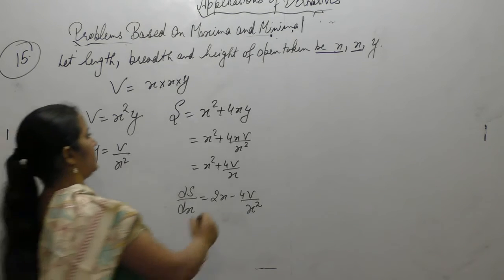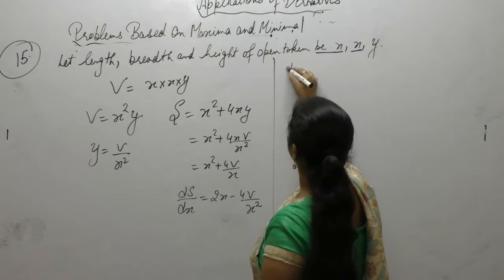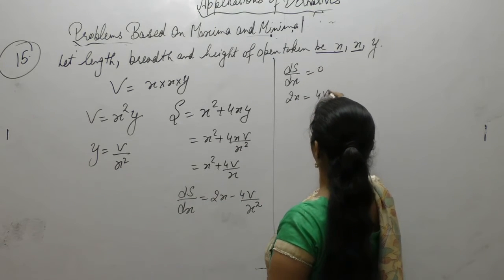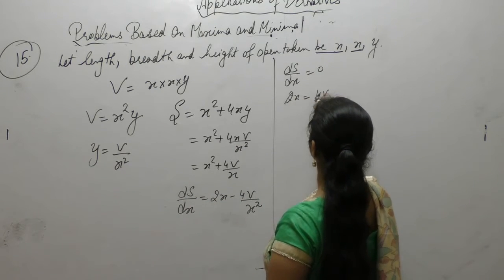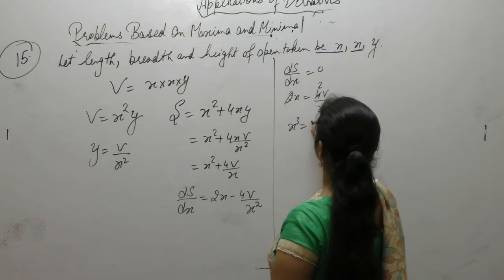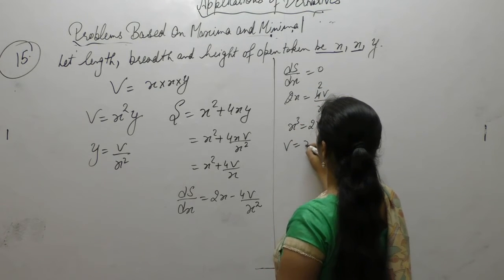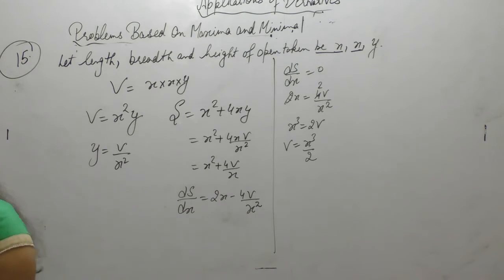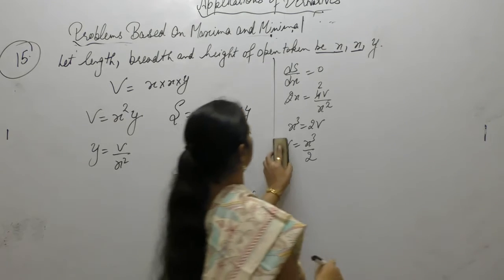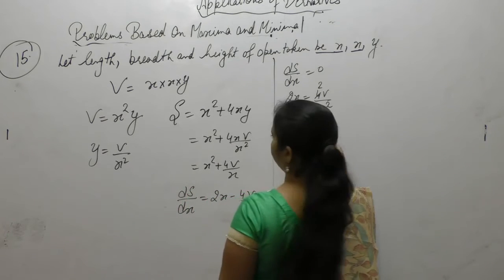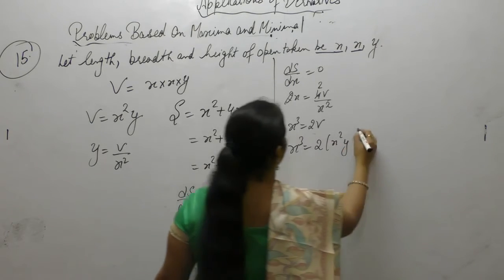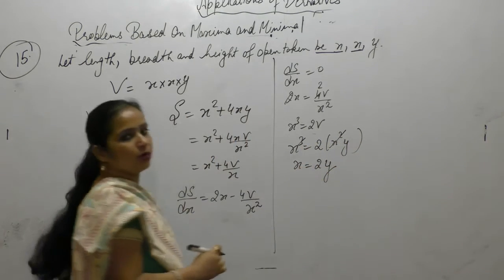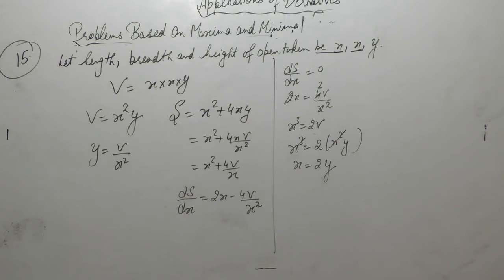Now put the first derivative equal to 0. 2x equals 4V upon x square. x cube is equal to 2V. Put the value of V here. V is x square into y. So x is equal to 2 times y.